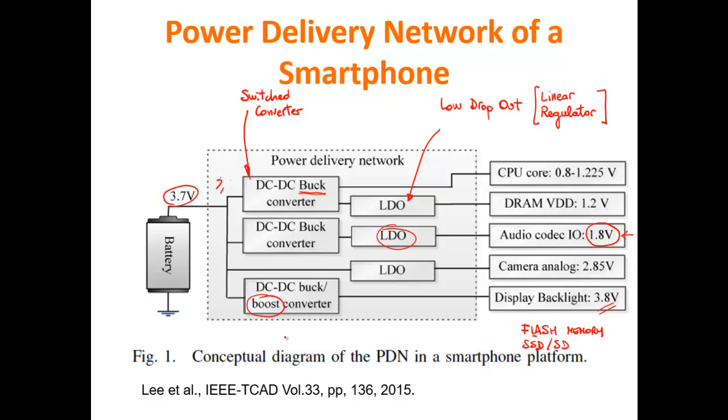But the only thing is that in this case, typically, the converter is integrated in the flash memory chip. So you don't see it in the power management IC, you see it already in the chip of the memory, and then you provide a power supply to the memory that is relatively small. It can be directly from the battery, or can be something like 1.2 volts or 1.5 volts.